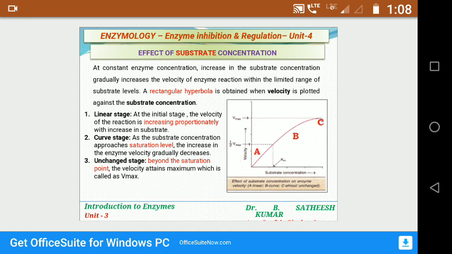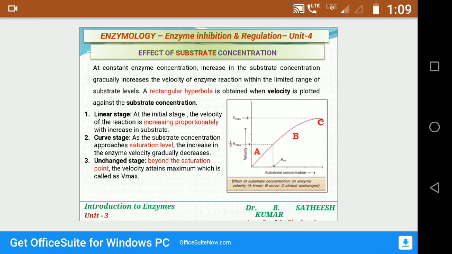As soon as the concentration of substrate approaches the saturation point, the increase in the enzyme activity will gradually decrease, and it will reach a point where the enzyme activity will no longer increase upon further increase of the substrate concentration.